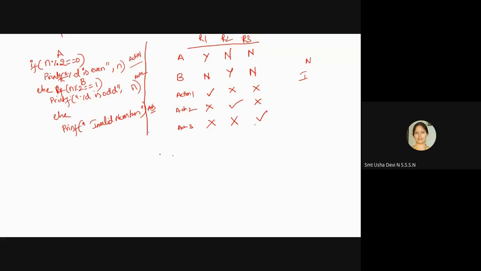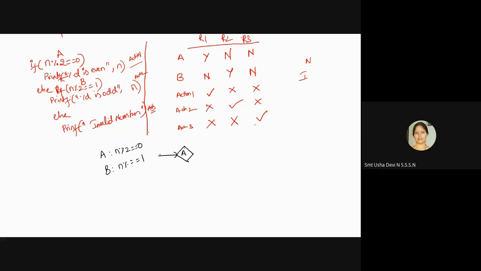So what is the condition here? The condition is A. What does this condition A indicate? N mod 2 is equal to 0. B indicates N mod 2 is equal to 1.